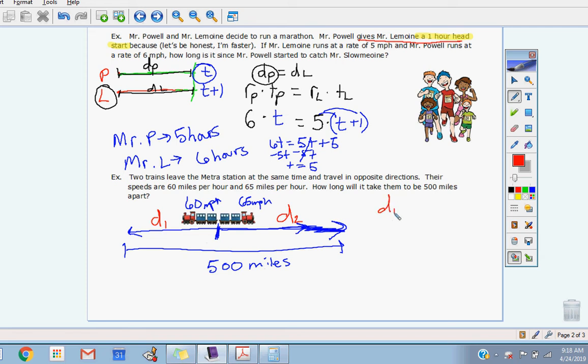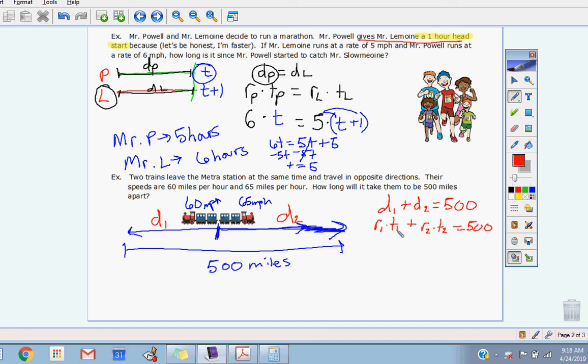Well, isn't it true that distance 1 plus distance 2 would actually be equal to 500 miles at some point? Well, all you need to know again is the rate of the first train times the time of the first train plus the rate of the second train times the time of the second train, and that's going to equal the 500. All right, good.